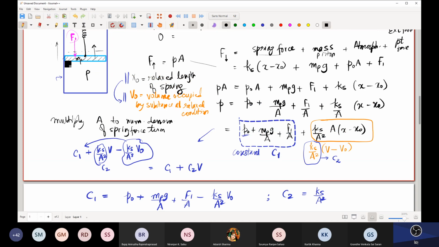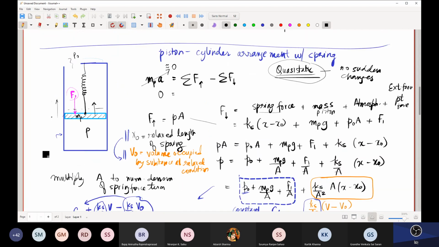See, I'm calling it V naught, but how do I say? Suppose this is the base, and let's say this is the rest position of the piston when the spring is relaxed.